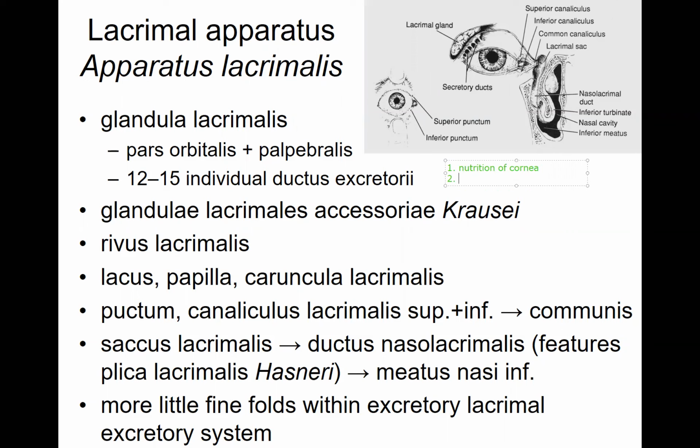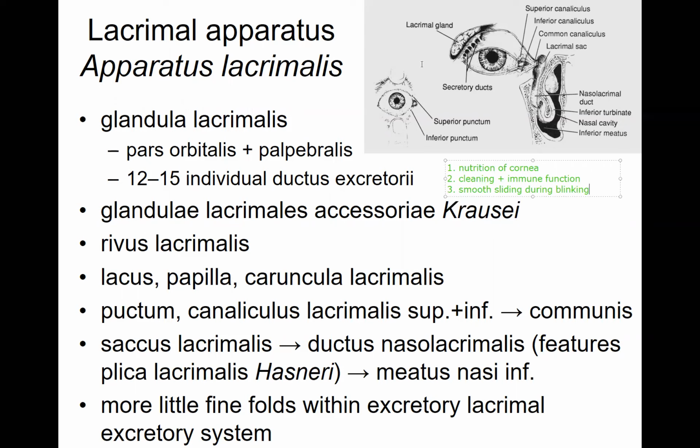Then it's cleaning and also some immune function, as the secretion can kill the bacteria. And the third is smooth sliding during blinking. So these are the functions of the tears.